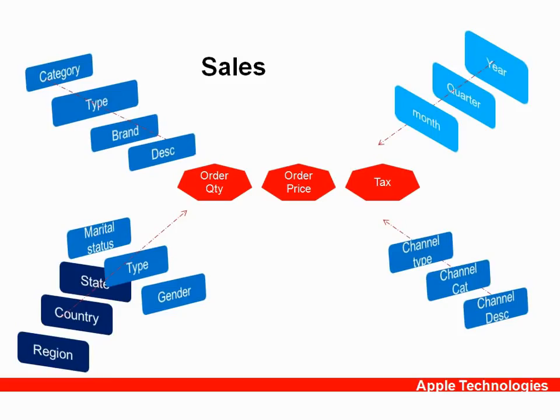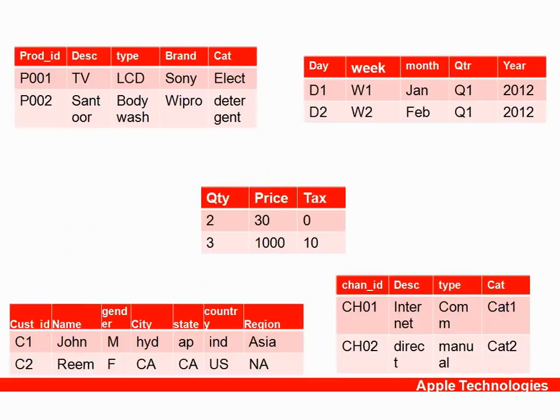These red color tables, which keep the red color information, are generally called metrics or measures. Why do we call them measures? This information helps you measure your business, how my business is running.